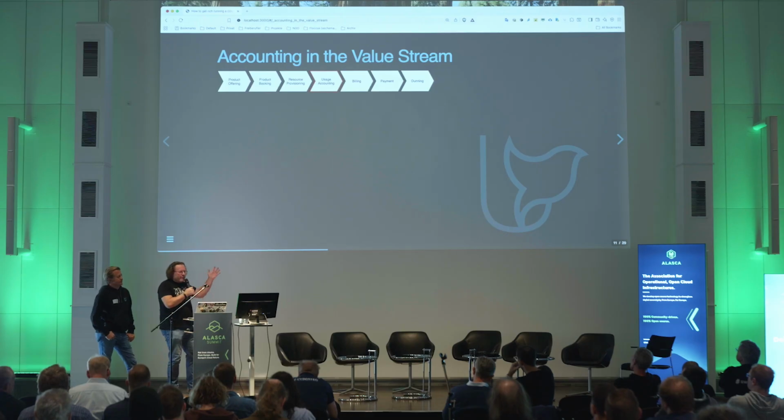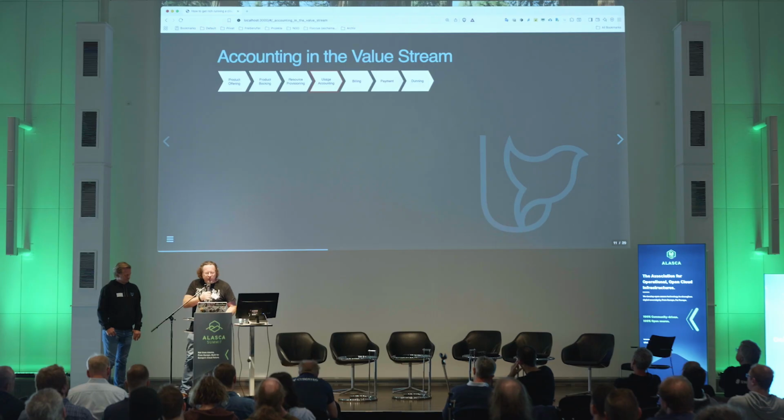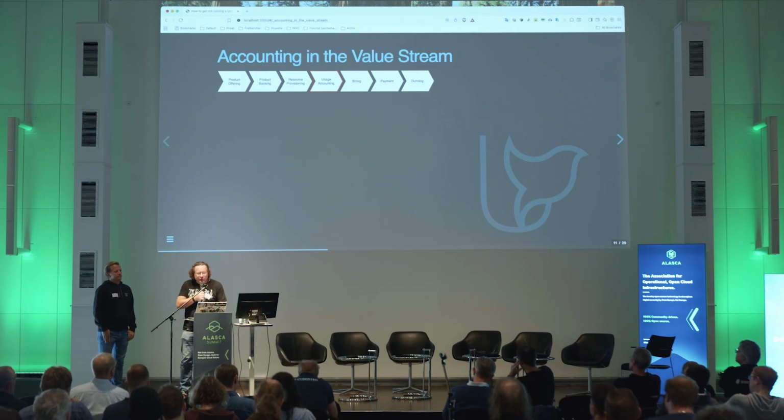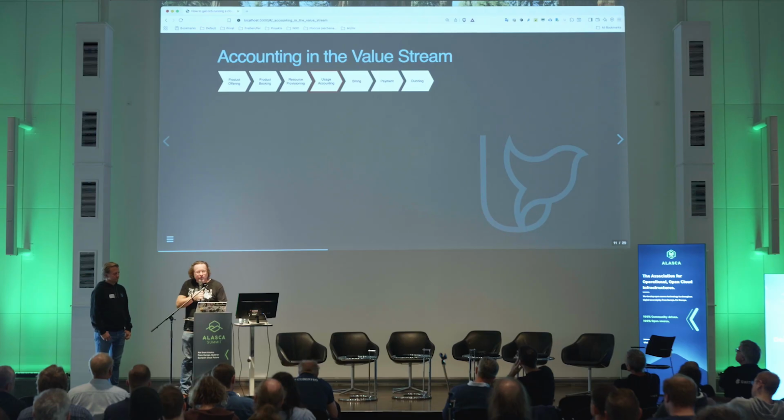Usually you have several steps. You do some cloud provisioning, and you introduce customers, and they book products, and booking products in fact means they provision infrastructure somehow through an API or UI, and this results in running infrastructure, which is something you want to bill to your customers.